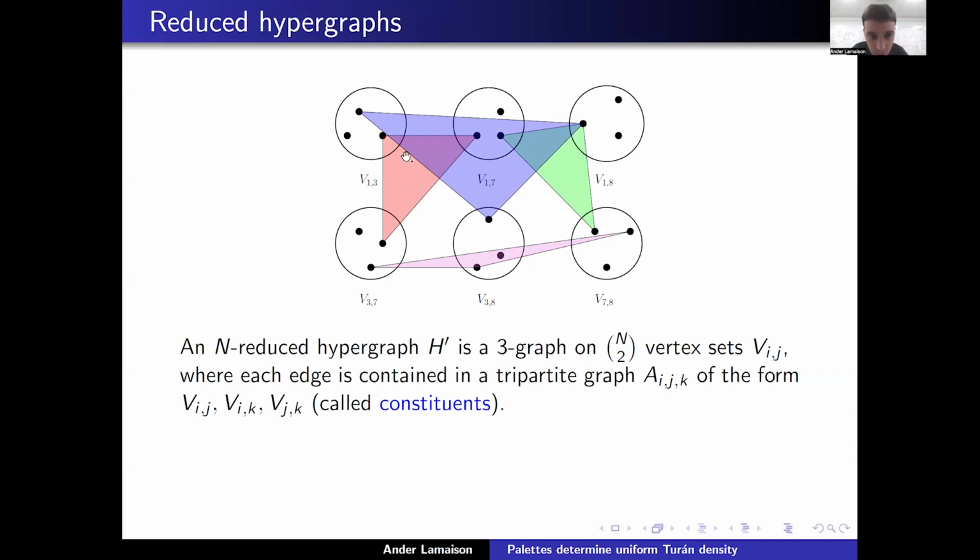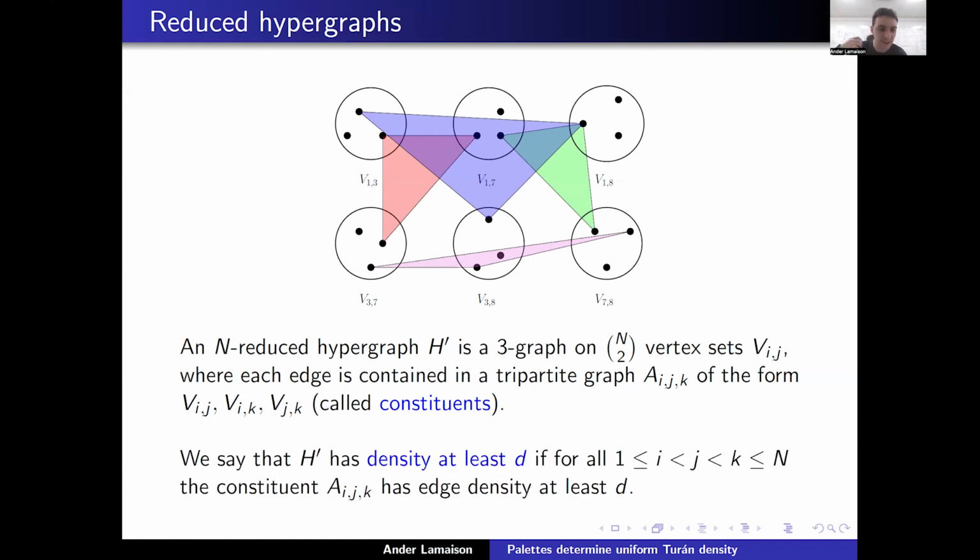So for example, here you can see that the blue edge has 1 vertex in V_13, 1 vertex in V_18, and 1 vertex in V_38. So for every triple of indices ijk, we denote the tripartite hypergraph induced by these 3 parts the constituent ijk. And then we say that an n-reduced hypergraph has density at least d if all the constituents have edge density at least d.